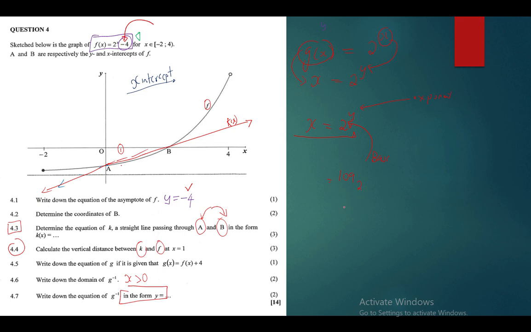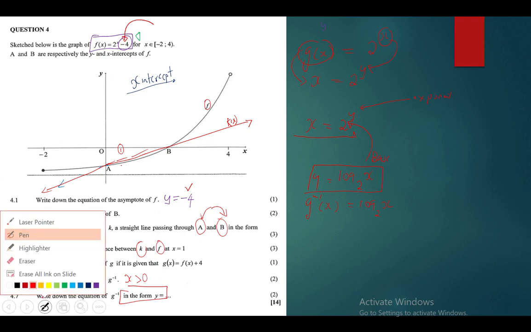Then you just swap those two other guys: y stays here, x stays here. So this is the equation of the inverse of g, even though I will write it in this form. That was question 4.